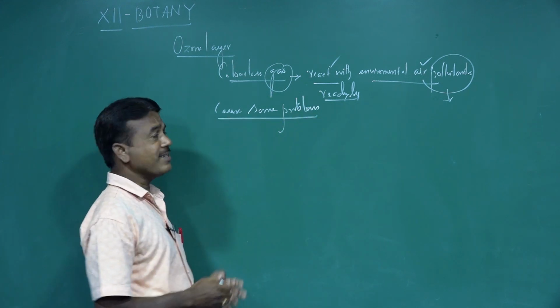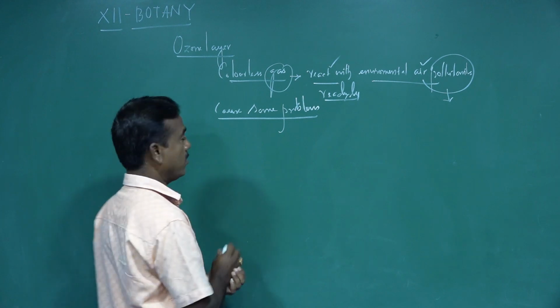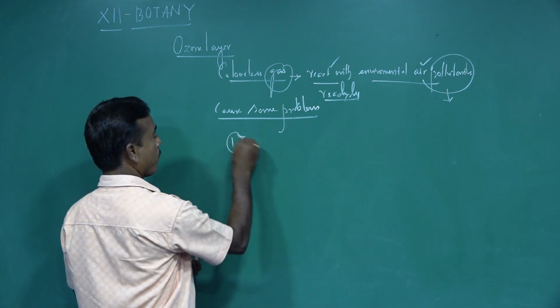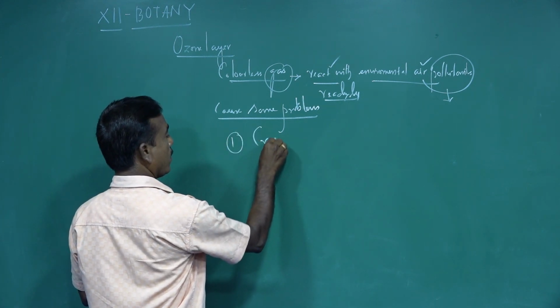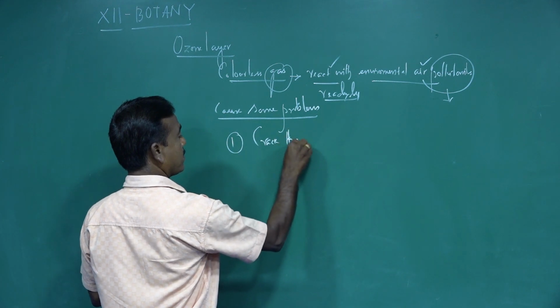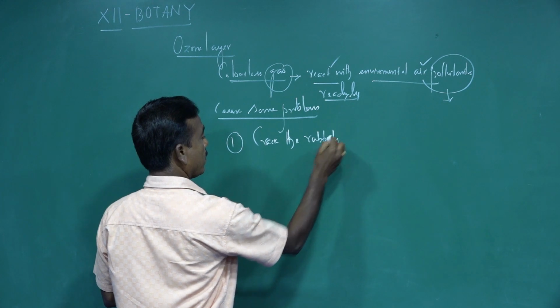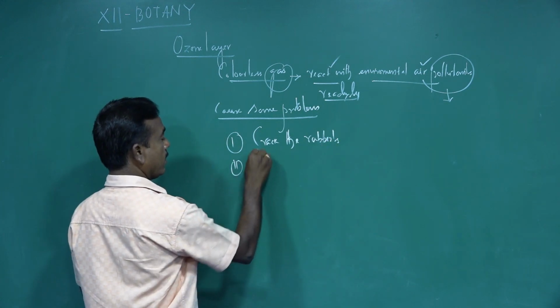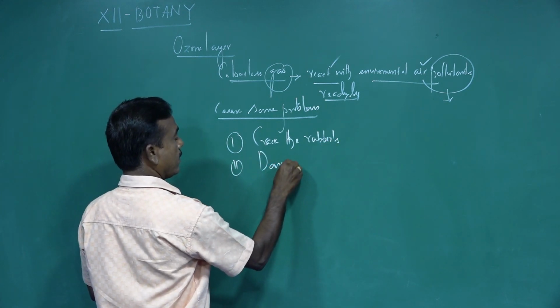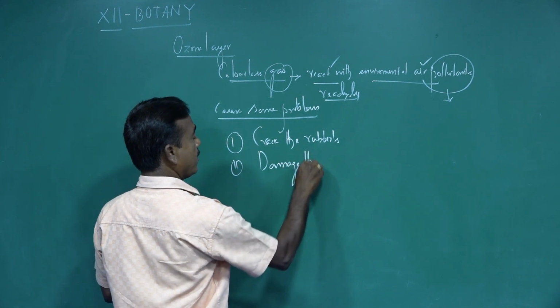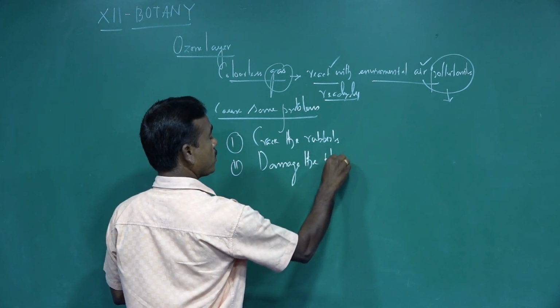The first one is that it cracks rubber. It also damages plant tissues.